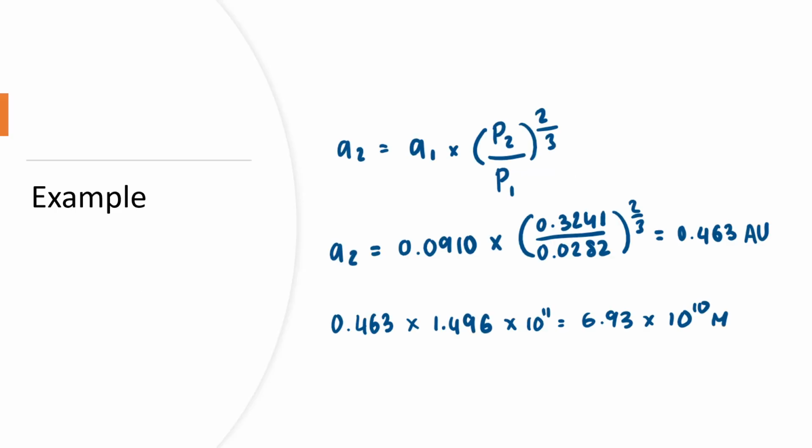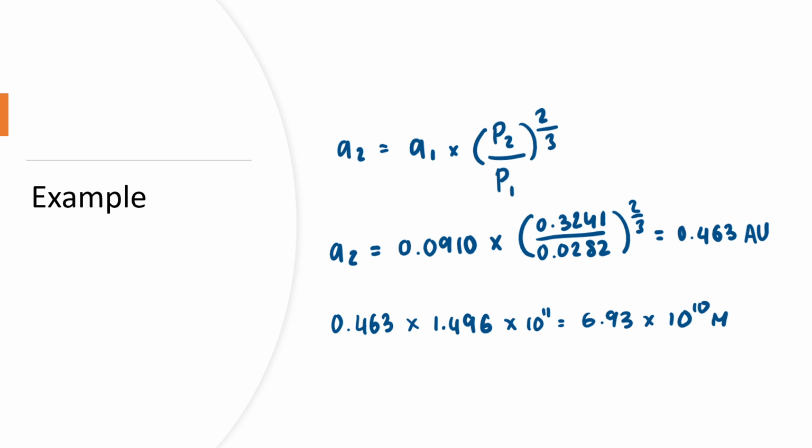So this is an example that I did for planet G, and as you can see, a squared is 0.910, which is the known variable in this scenario, because you usually use the semi-major of a known to find the unknown, right?